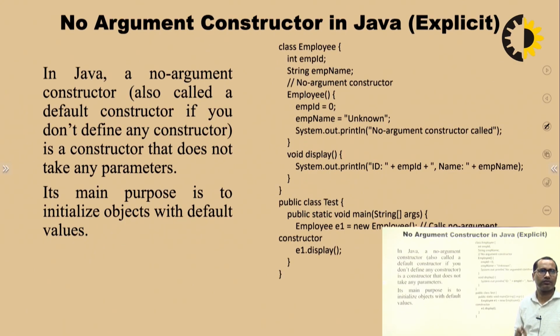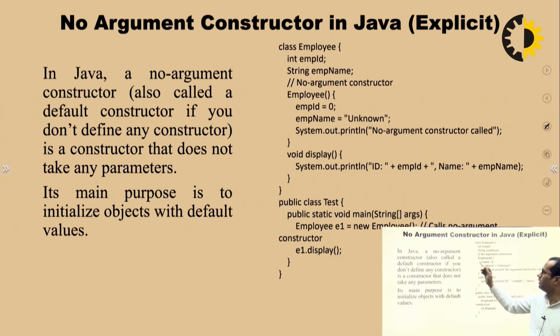What is a no-argument constructor? As I have mentioned, the default constructor is created by the compiler automatically. We don't need to write it. That means it is implicit in Java. And if we have written a constructor, even without parameters, it is not a default constructor.